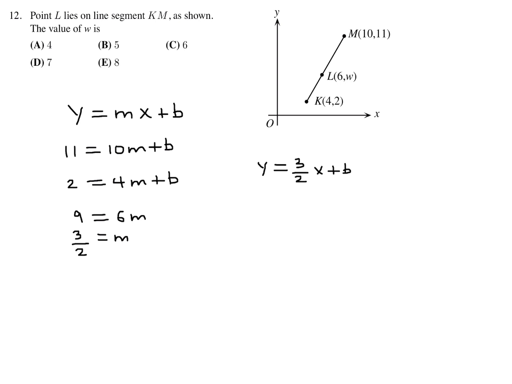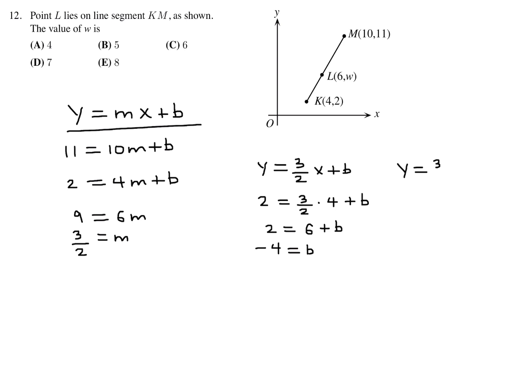So that would mean 2 is equal to 3 over 2 times 4 plus b. And that means 2 is equal to, that looks like 6 plus b, and therefore b is equal to negative 4. So our equation, y equals mx plus b, is y is equal to 3 over 2 x minus 4.